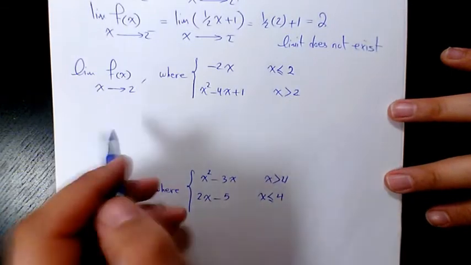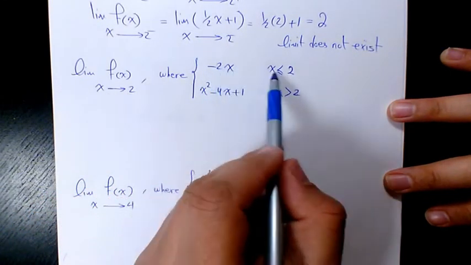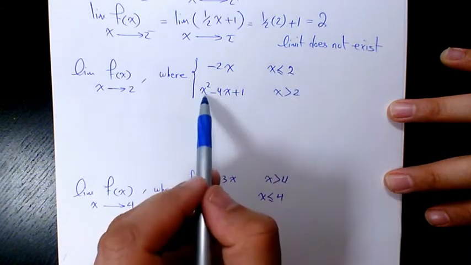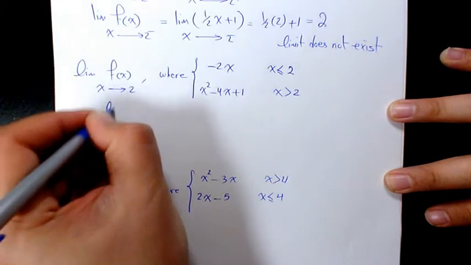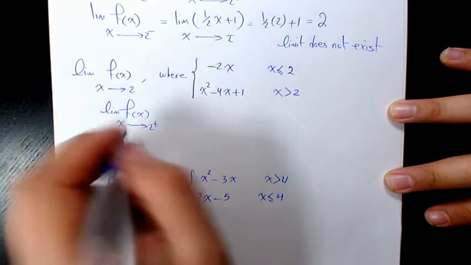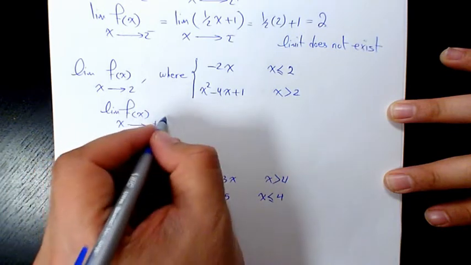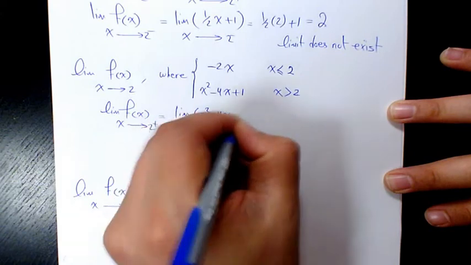Next one, limit of f of x when x is approaching 2, where you have negative 2x for x values equal to or less than 2, and x squared minus 4x plus 1 when x is greater than 2. I'm going to say limit of f of x when x is greater than 2, approaching 2 from the right side, it's going to be limit of x squared minus 4x plus 1.